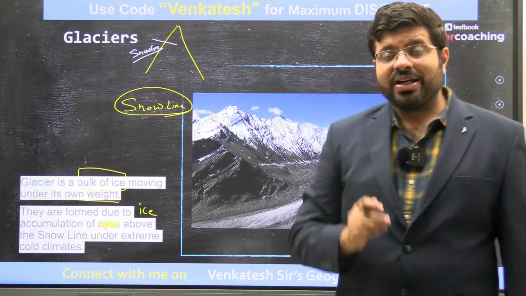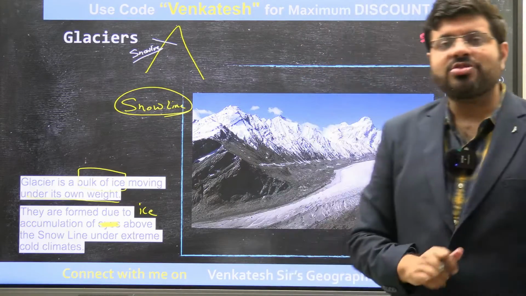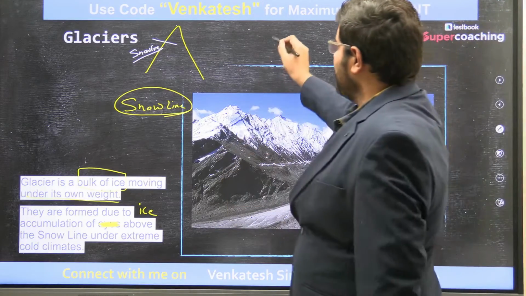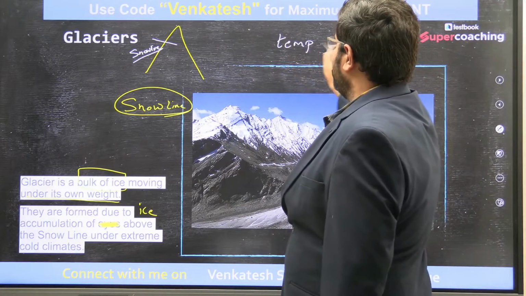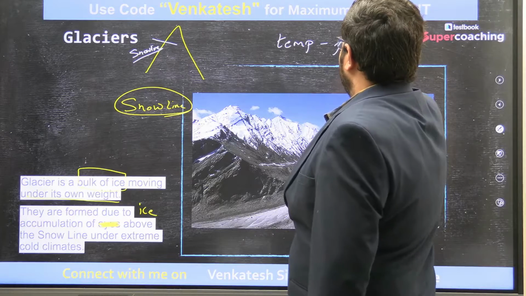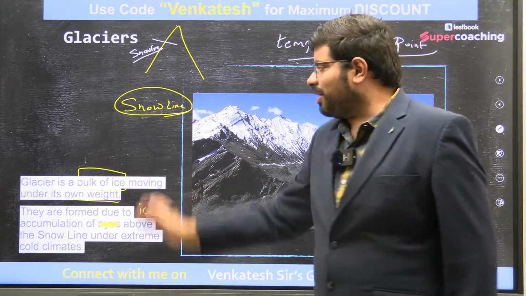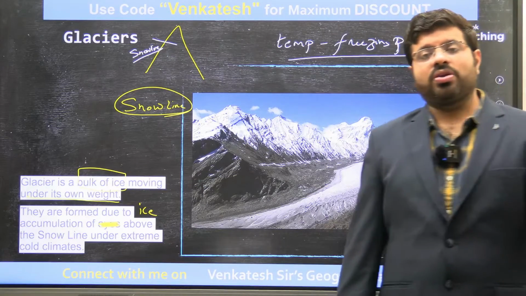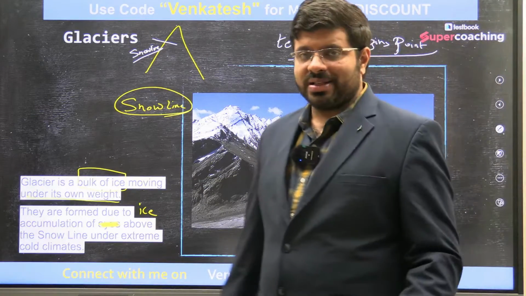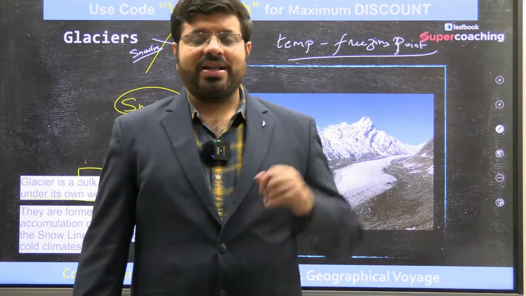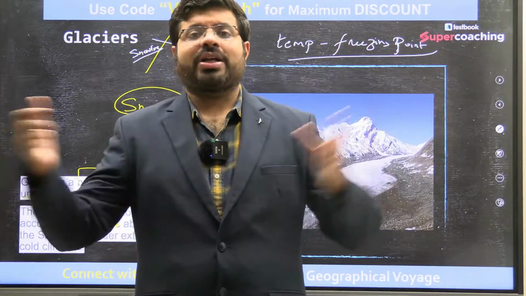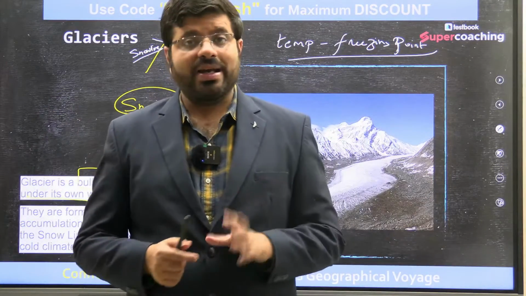Now, for a glacier to develop, there have to be many conditions. Temperatures have to be near freezing point. We know a glacier is a bulk of ice. With altitude, temperature decreases, and whenever ice forms because of precipitation, that accumulation of ice turns into a glacier.